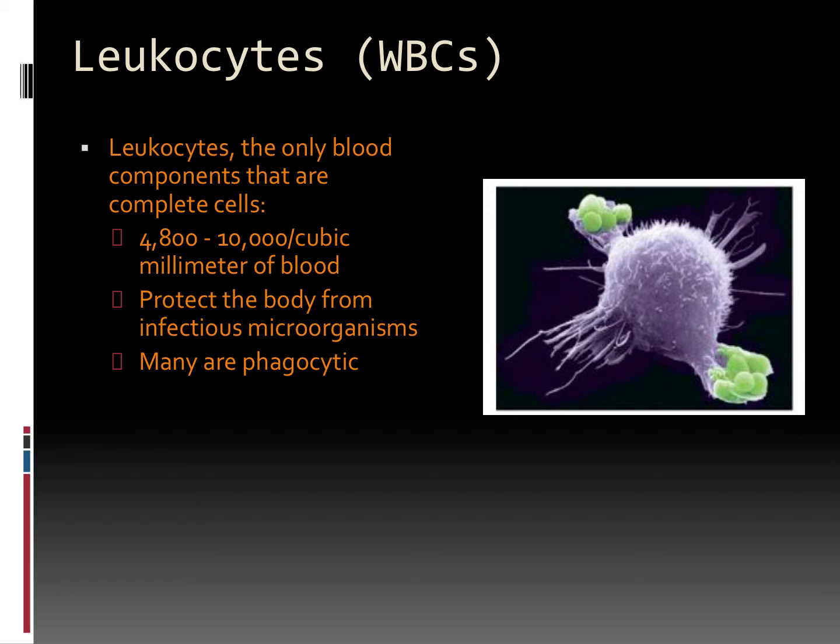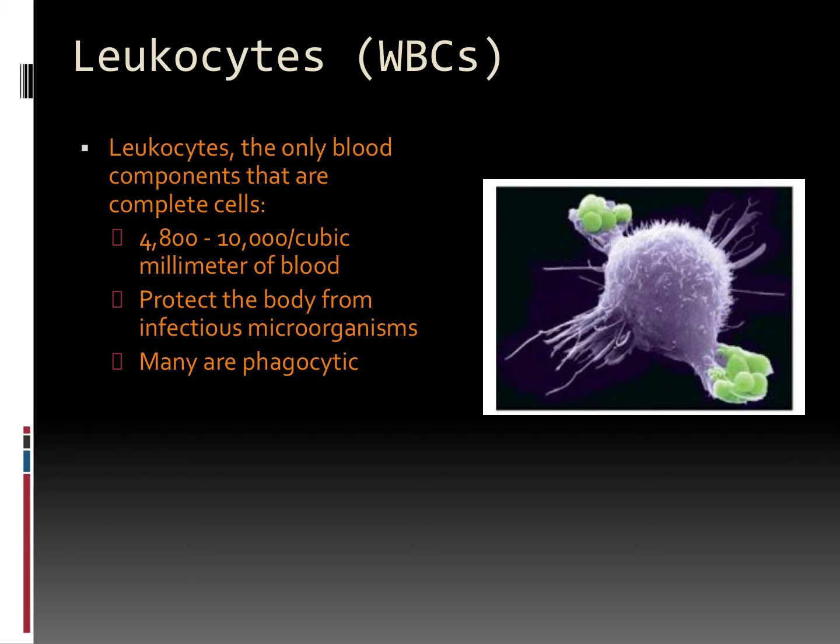Remember, a cubic centimeter is the same as a milliliter, so this is really small. The job of leukocytes generally is to protect us from infectious microorganisms. And so when we talk about the lymphatic and immune systems in the next unit, we'll come back and talk more about the mechanisms of how white blood cells work.